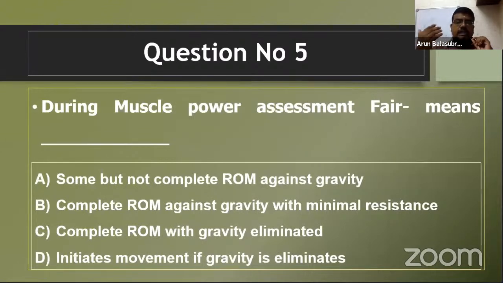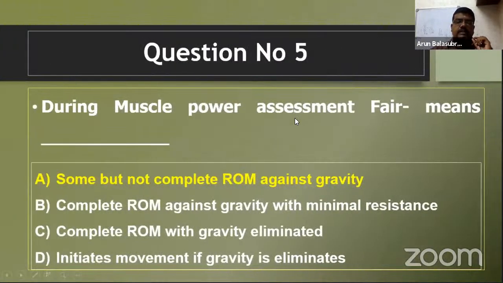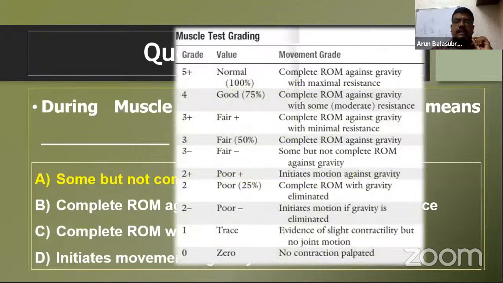Usually we will see MRC grading, the Medical Research Council grading, where we always say 1 to 5, right? So 0 is no contraction and 1 is flicker of contraction. But sometimes we have the other grades also, right? So for this, the answer is the first one, A, some but not complete range of motion against gravity. You see here, it is very clear in the picture.